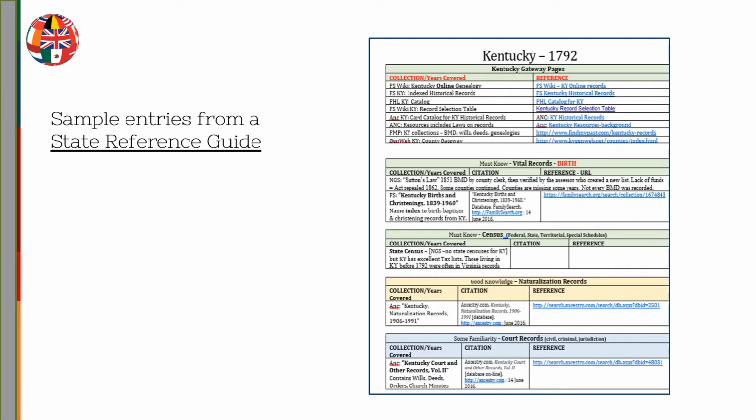Here are some short sample entries condensed down to 1 page from a state reference guide for Kentucky. In the example, you can see these are based on the important record types for Kentucky, including the must know, good working knowledge, and some familiarity categories.